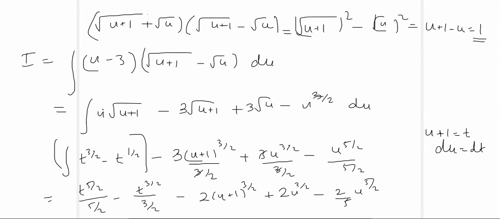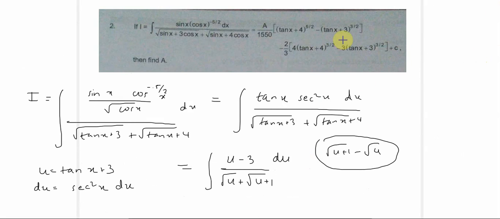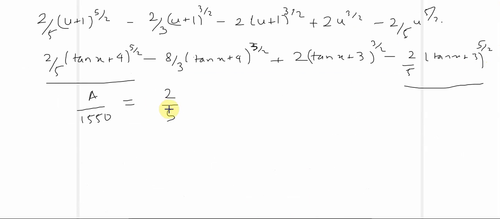In the question, it's given 3 by 2 over here. I think that's 5 by 2, and the value of a is 2 into 1550 by 5, which is... how much is this? 310. Yeah, that's 620. Yeah, there was a small mistake in the question.